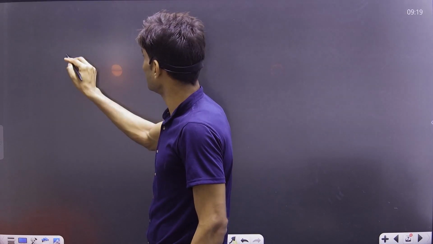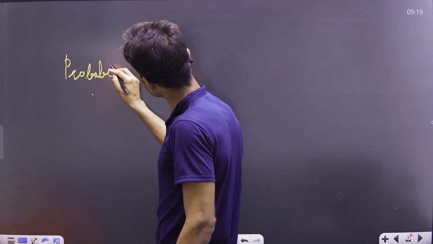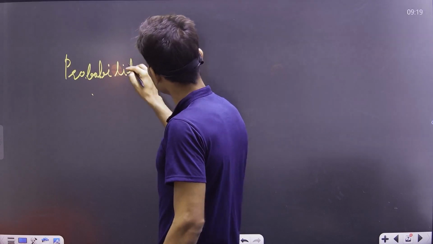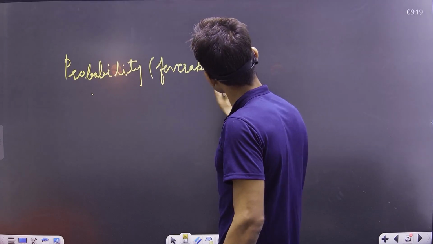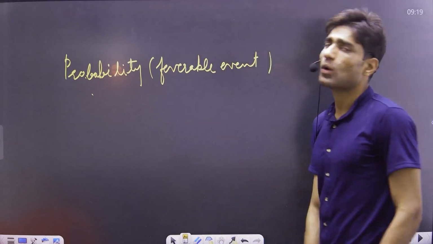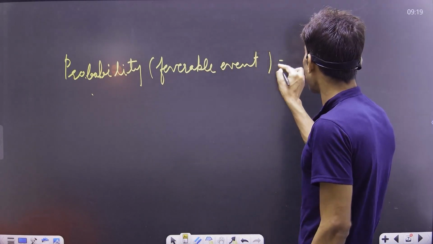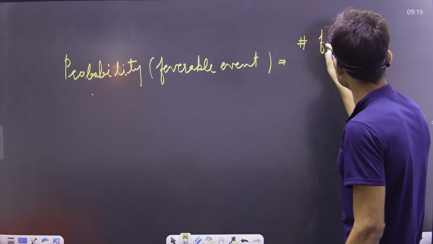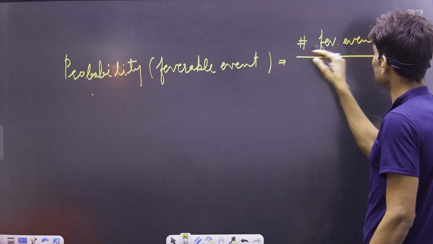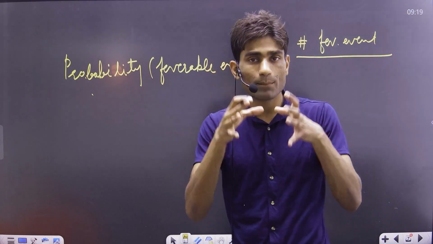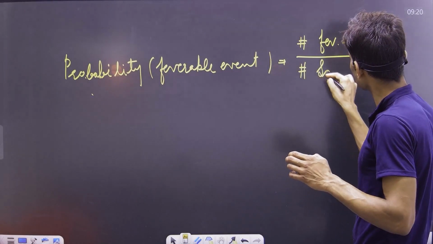Let me write the probability of a favorable event. The probability of a favorable event is defined as the number of favorable events divided by the number of elements in our sample space.